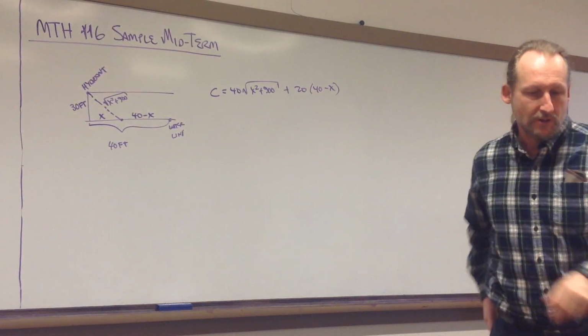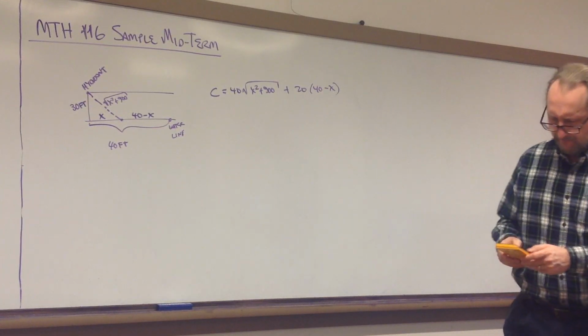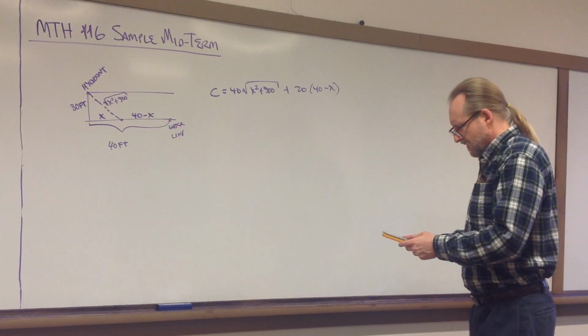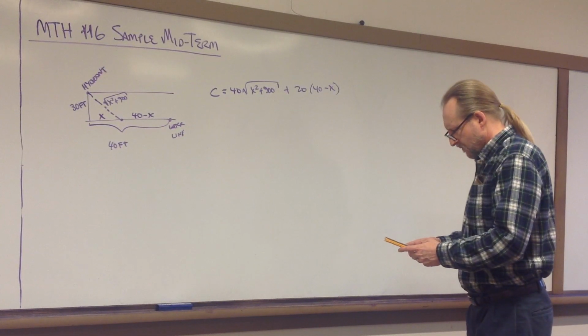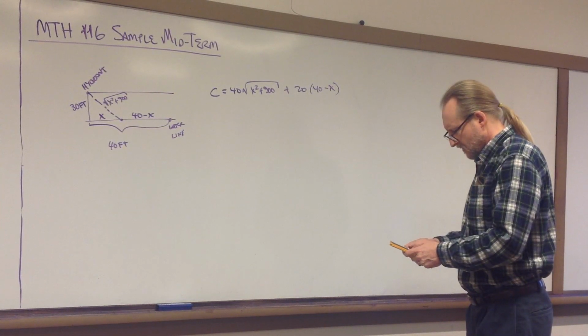All right, so let's go ahead and graph that. So 40 square root of x squared plus 900 plus 20 times (40 minus x).